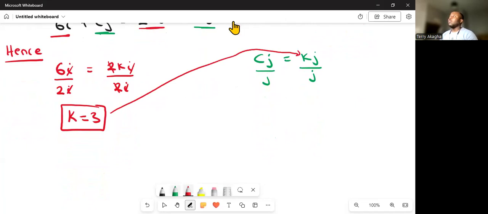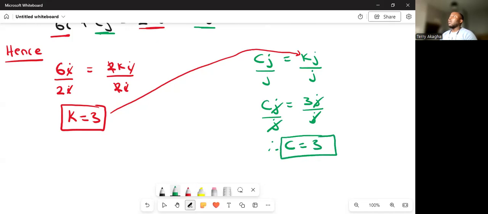So then I can now say cj is equal to 3j, all right? So I'm dividing both sides by j now. The j will cancel that, and therefore my c is going to be equal to what? 3. Are you seeing it? So that means the k we got from the first part is what we substituted into the k in the second one so that we can now find the c.